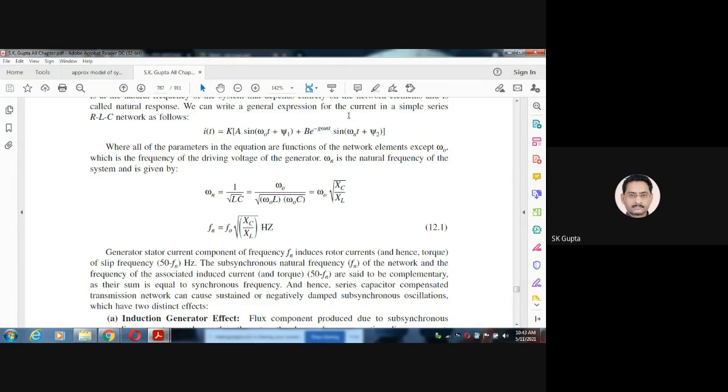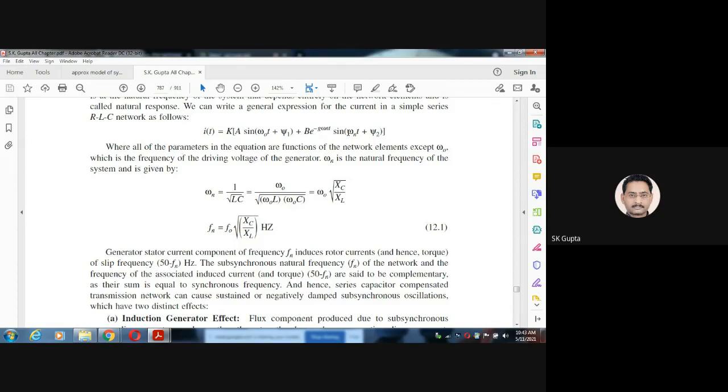If a signal of frequency below the power frequency is present, because the value of inductance and capacitance is such that this is the natural frequency omega n, this subsynchronous frequency may cause resonance. As the name indicates, subsynchronous resonance. It may get resonance with the other signals.